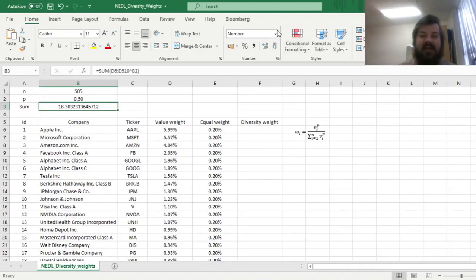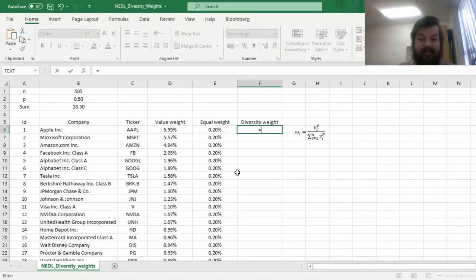And we get 18.3. And now the diversity weights can be calculated as the ratio between your value weight raised to the power of P, and we'll lock the row here, divided by the sum of all such weights that we have just calculated, and the row should also be locked.